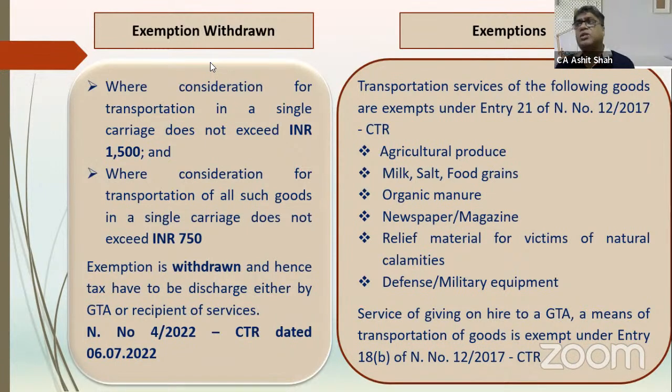I believe you are saying that the person is giving it on lease, but not on hiring of GTA. So there is a difference between hiring and leasing. There are two types of lease: dry lease and wet lease. A dry lease is without a driver, which means the whole effective control and possession has been given to the lessee.